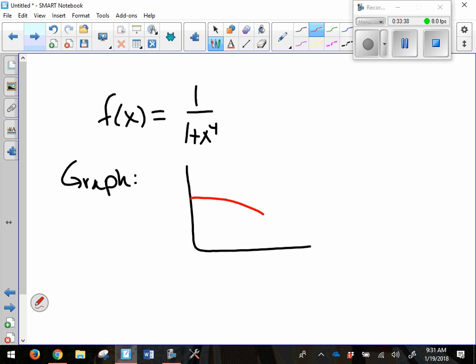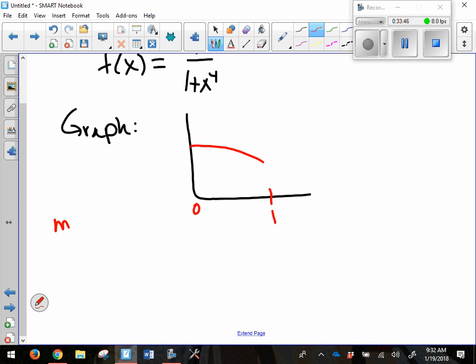So here's 0 and here's 1, which is my interval, right? So that tells me that max f is going to be at f of 0. So that's going to be 1 over 1 plus 0 to the 4th, which gives me 1.